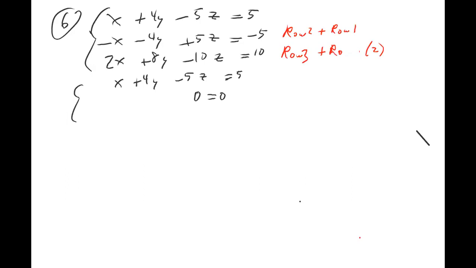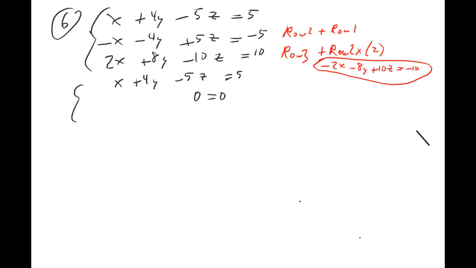If I take row 3 plus row 2 times 2, well, what's row 2 times 2? Row 2 times 2 is equal to negative 2x and negative 8y plus 10z equals negative 10. That's row 2 times 2.